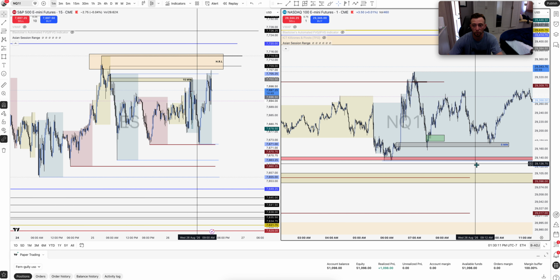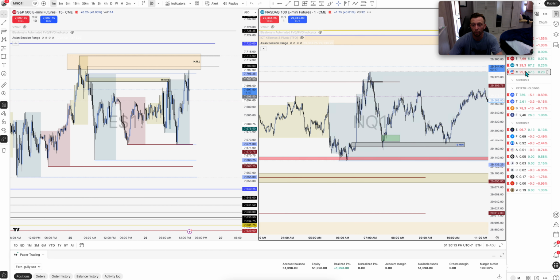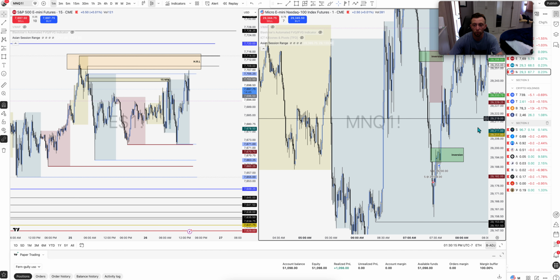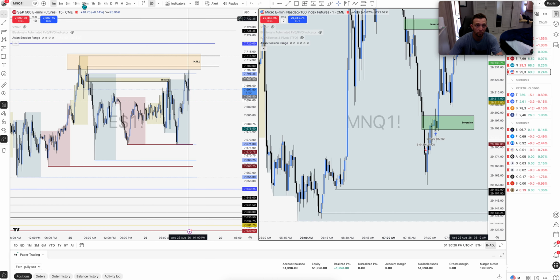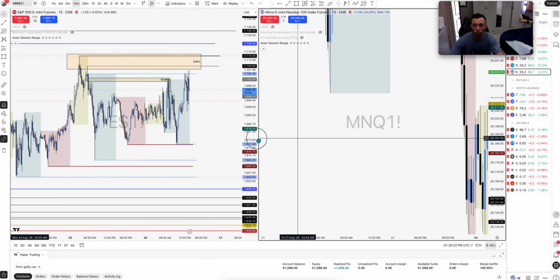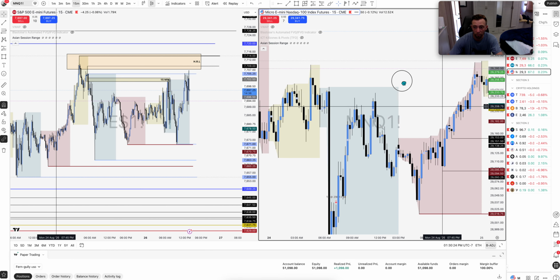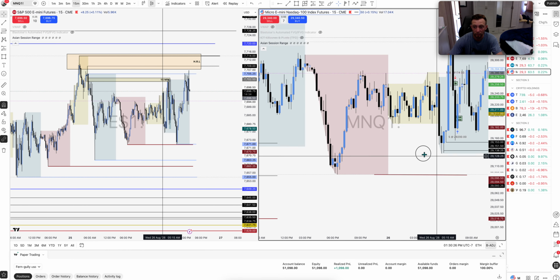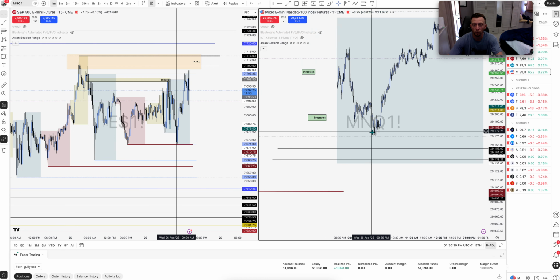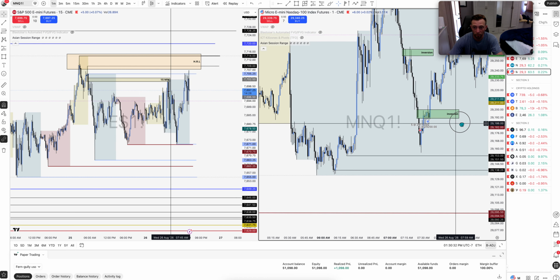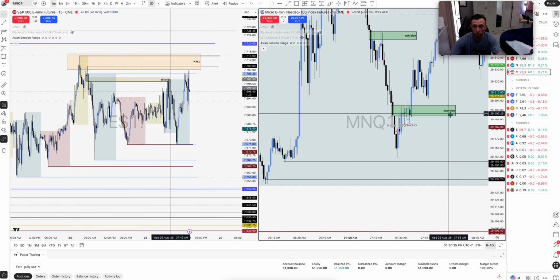The trade that I took, oh, it would have been on MNQ, my bad. MNQ right here. So I took a 15-minute inversion to the downside as price was dumping. Unfortunately, I did get stopped out because that's just the way it goes. But yeah, I took it with 5 MNQs.